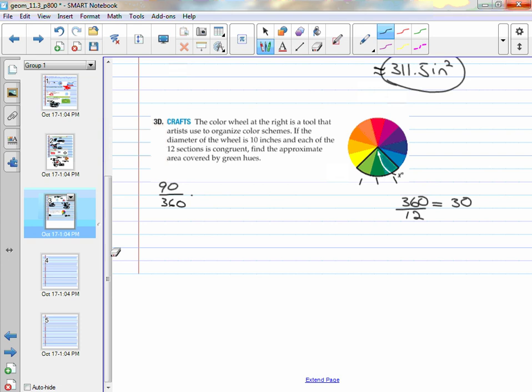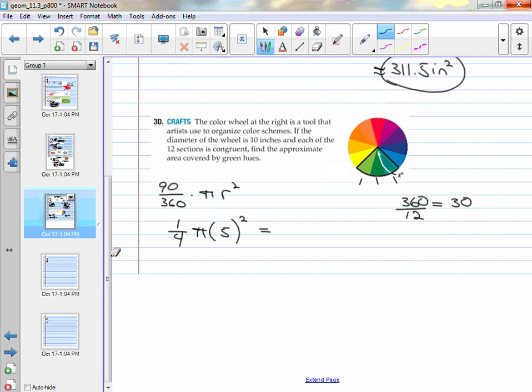We have exactly 1/4. You can think of it that way. I have exactly 1/4 of the whole thing. So when you do pi r squared, you can just say, I know that's 1/4 of the full circle. Times pi times, what's the radius? 5 squared. Now, I want to start with the exact answer. What's 5 squared? 25. Does 4 go into 25?